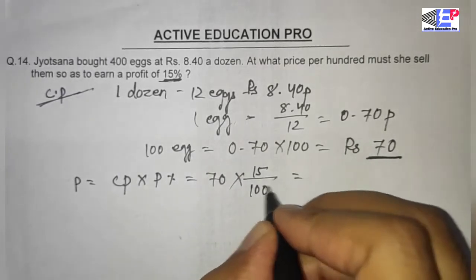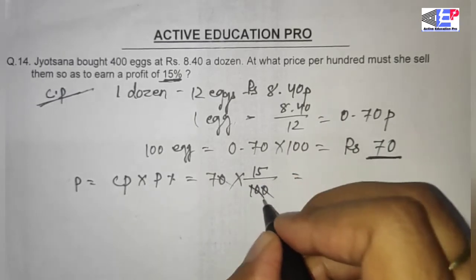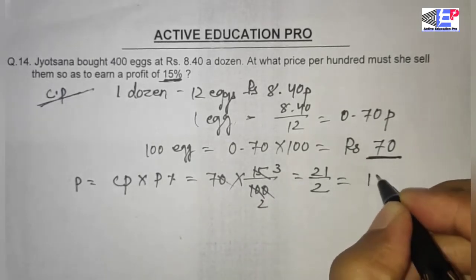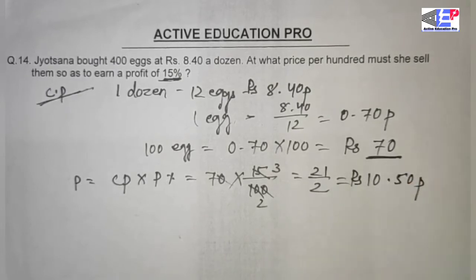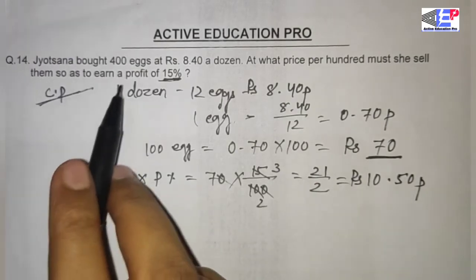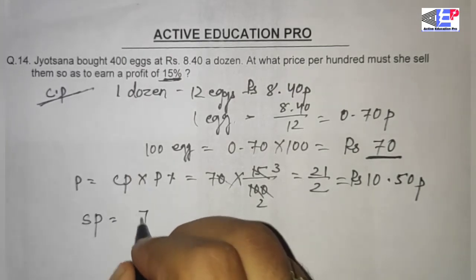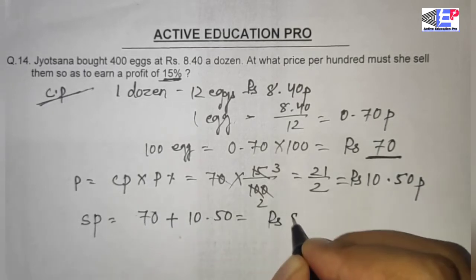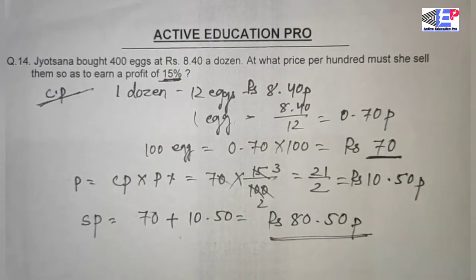Cancelling the zero and dividing by 5, this is 3, 21 by 2, which is equal to 10.50, that is 10 rupees 50 paise. So the profit amount is 10 rupees 50 paise. So the selling price will be the cost price 70 rupees plus the profit amount 10 rupees 50 paise, which is equal to 80 rupees 50 paise. So your answer is 80 rupees 50 paise.